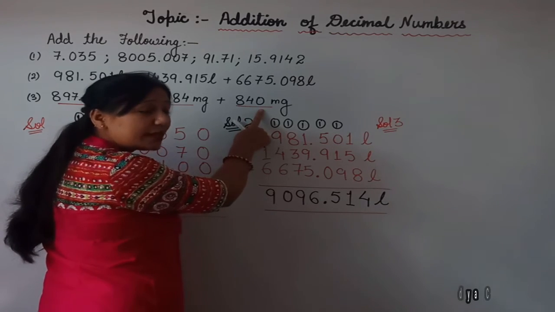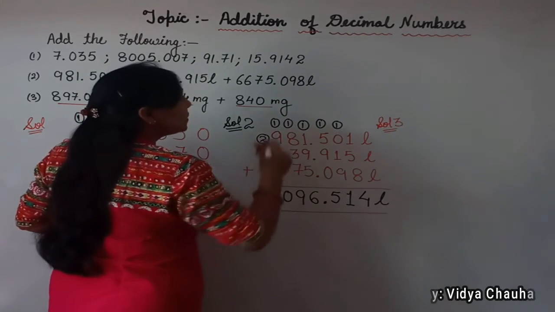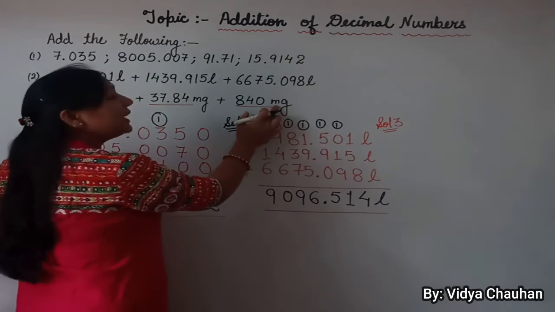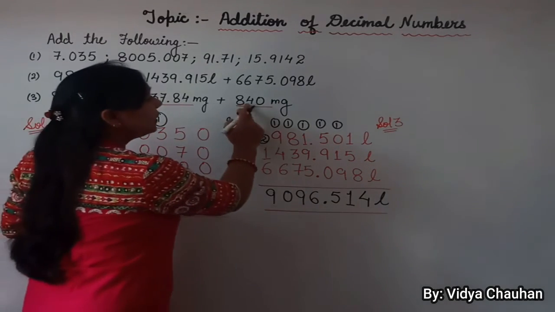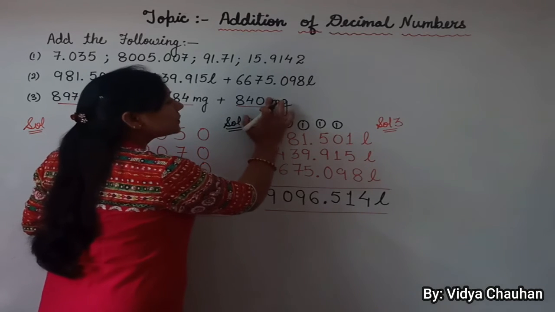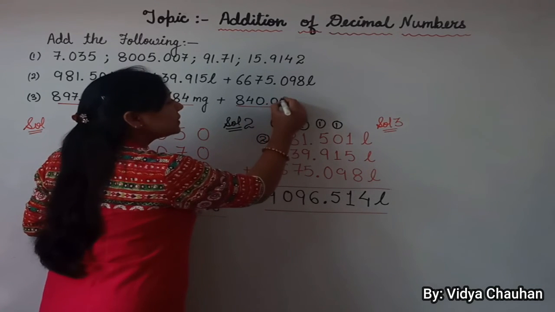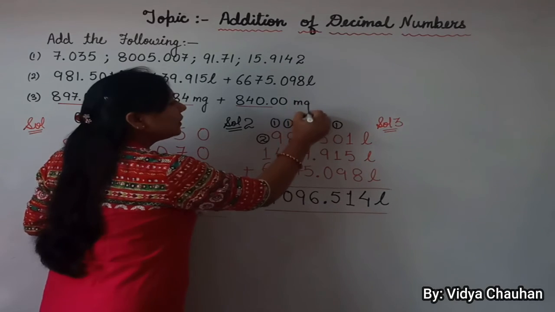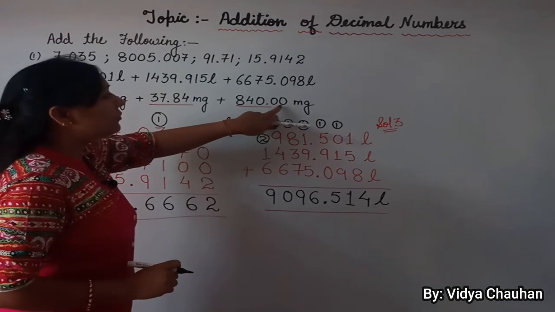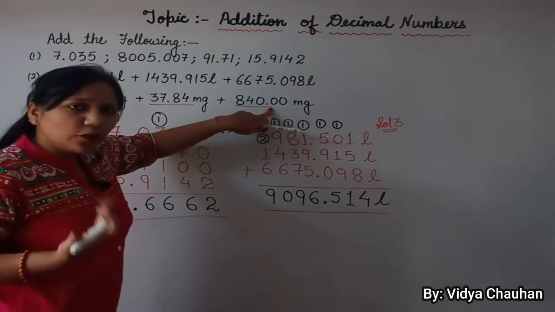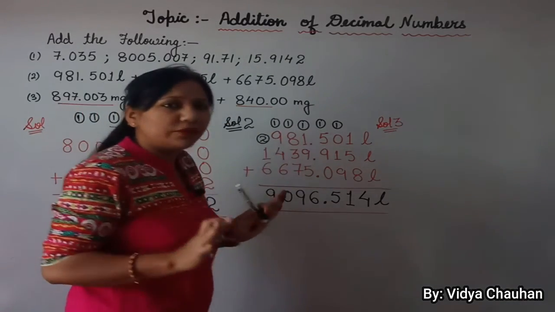So what will you write? When there is no decimal and the term is given in milligrams, here you can see 37.84 milligrams. Here it is only 840 milligrams. So you can write this number as 840.00 milligrams. Fine, because if we put a decimal and after that write zeros, the value will be the same. There will be no difference in the number's value.